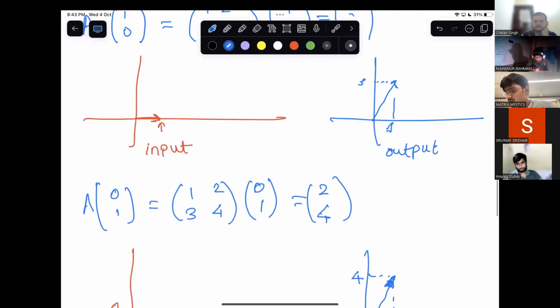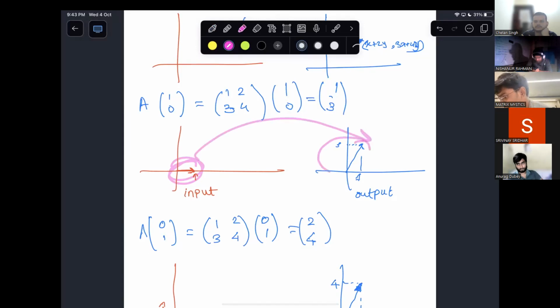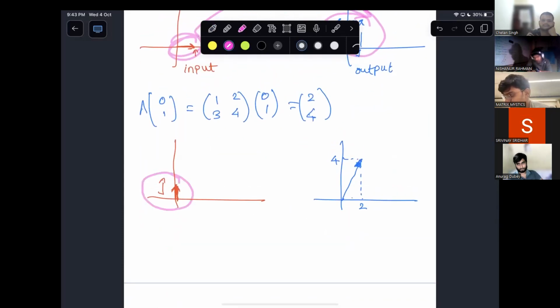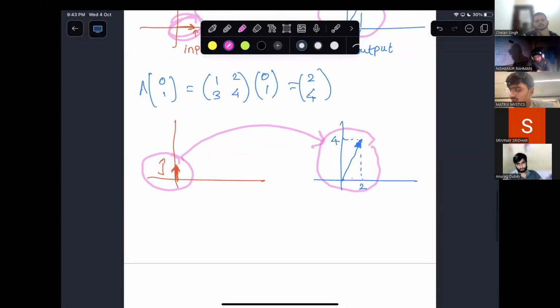So what we observe from here is that the function A, that is our matrix, takes this vector I cap and transforms it to this vector 1 I cap plus 3 j cap. And it takes this vector j cap and transforms it to this vector, right?